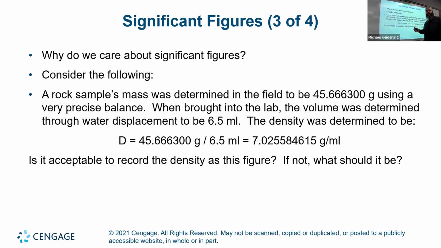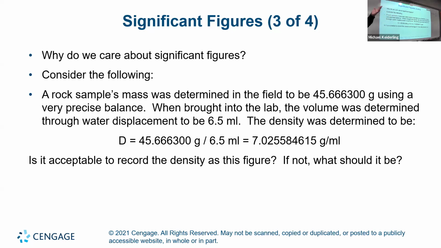So why do we care about significant figures? Because it tells us something about the measurements we made and how well we know things. For example, if a rock sample's mass was determined in the field to be 45.666300 grams, using a very precise balance for no good reason at this point. When brought into the lab, the volume was determined through water displacement to be 6.5 milliliters.